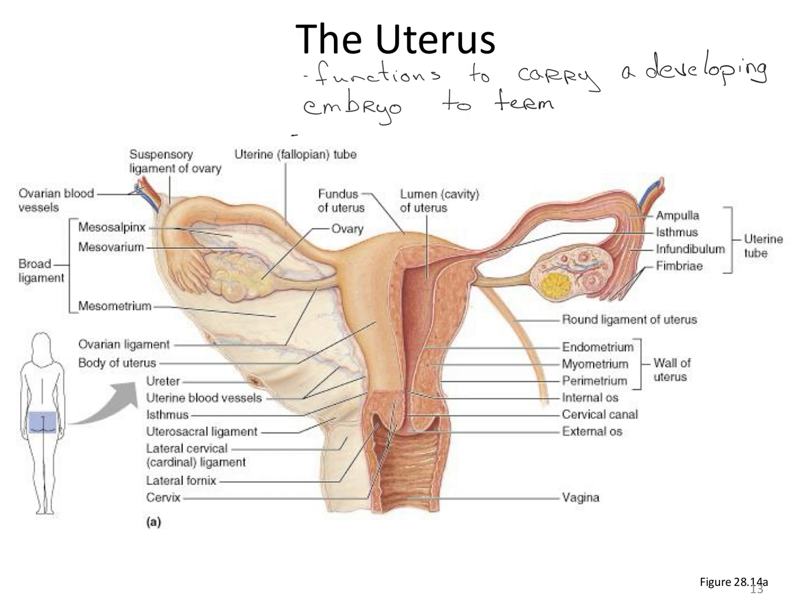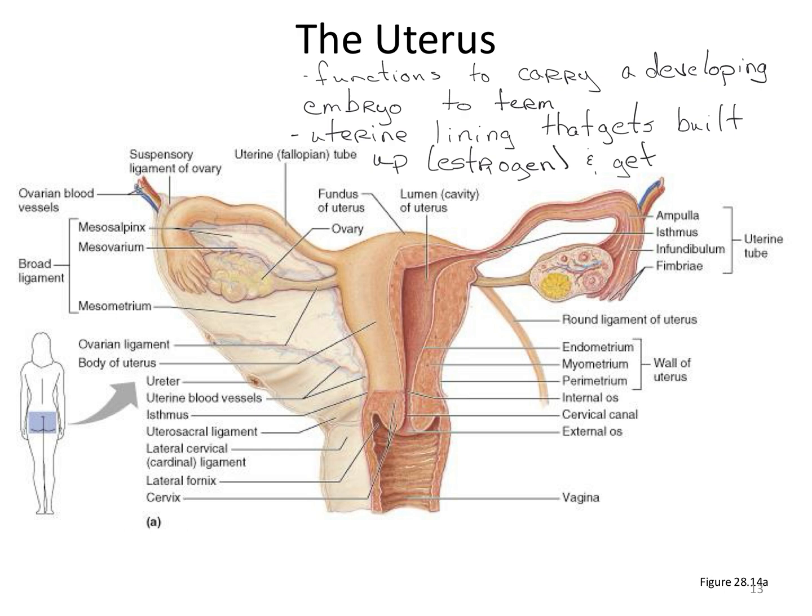And it's the uterine lining that gets built up in response to estrogen. And it gets shed if fertilization doesn't happen.